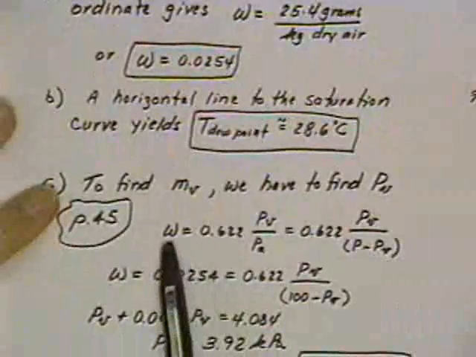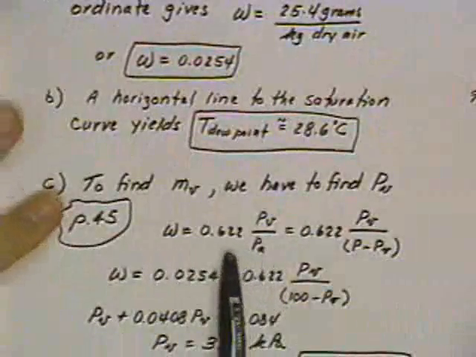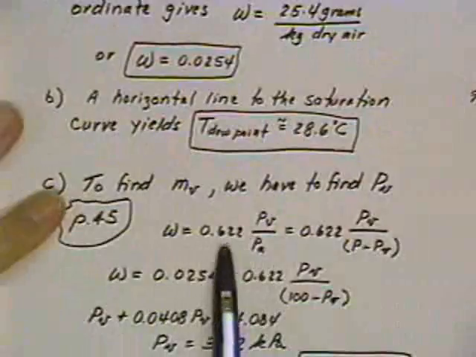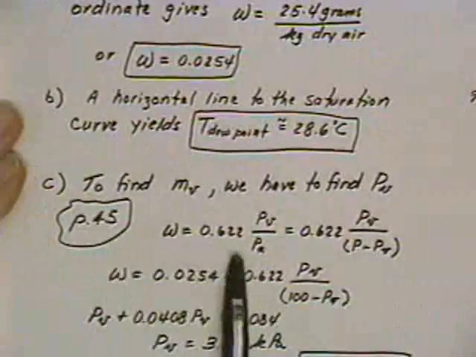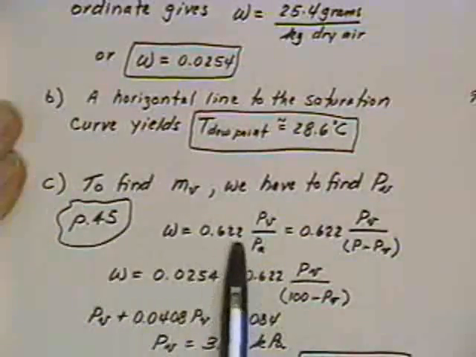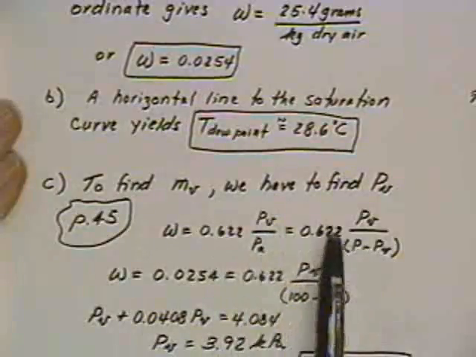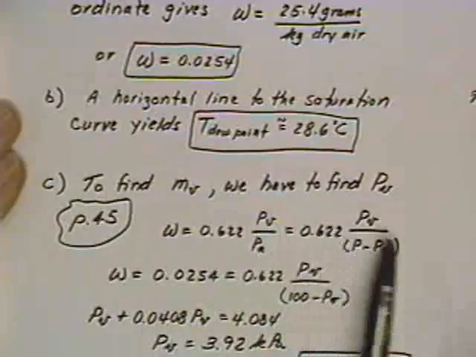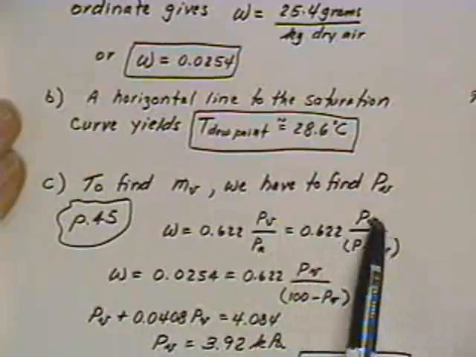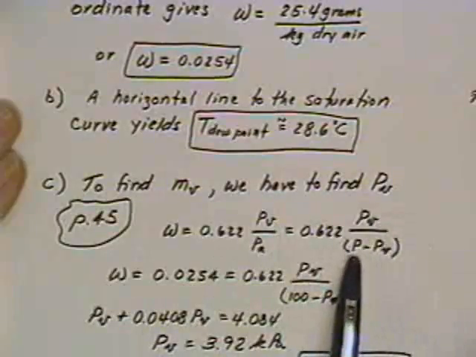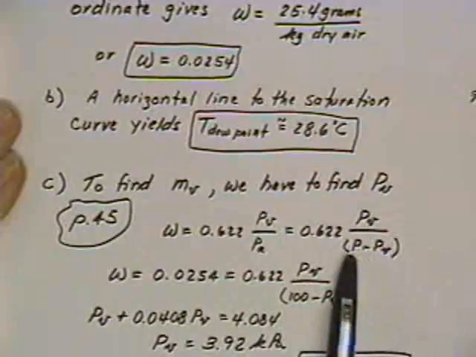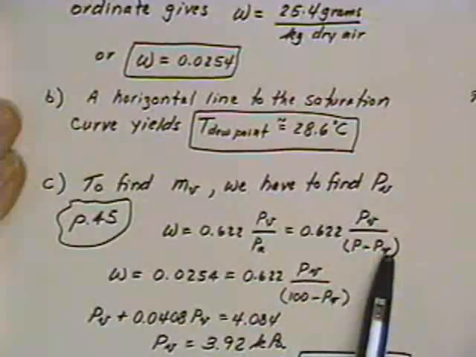So we've got an expression that says omega is equal to 0.622, that's on page 45 under psychometric relations. Omega is 0.622 times the pressure of the vapor over the pressure of the dry air, which is just the total pressure minus the pressure of the vapor.